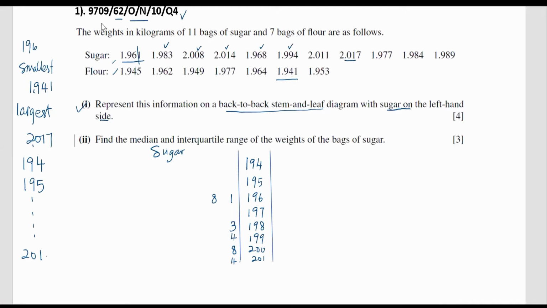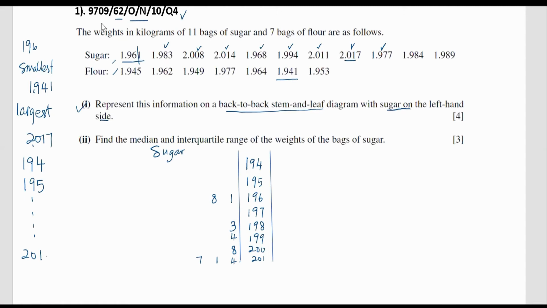And 2.011. 2.017. So make sure when you label the leaves on the stem and leaf diagram, leave equal space between the digits.